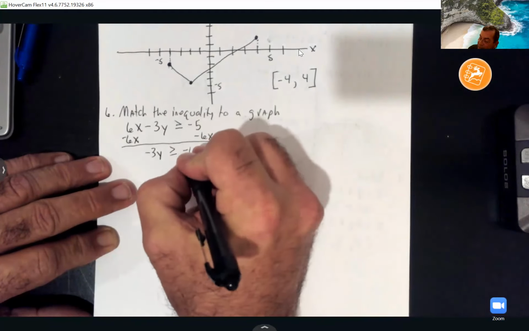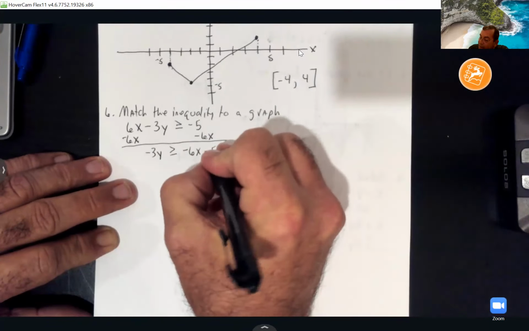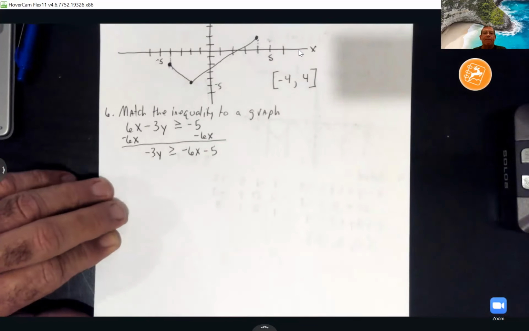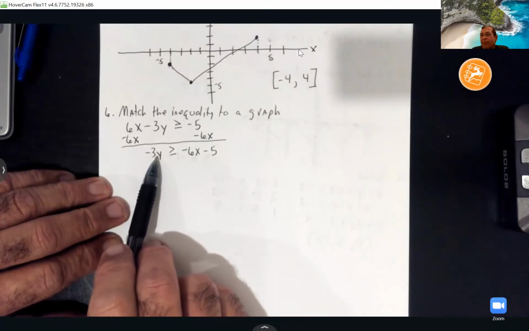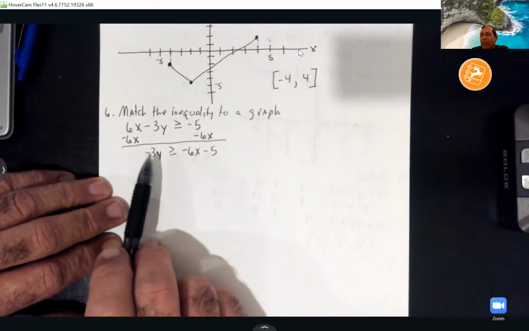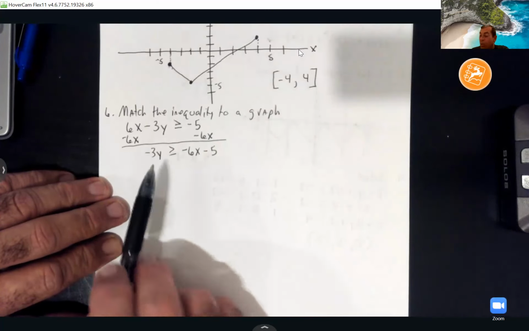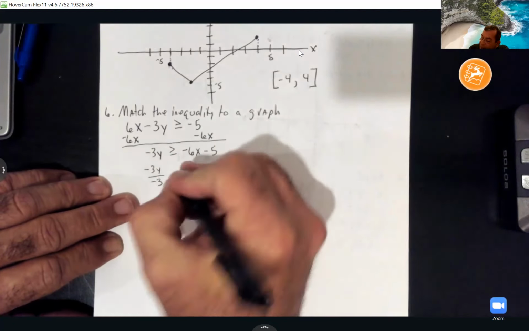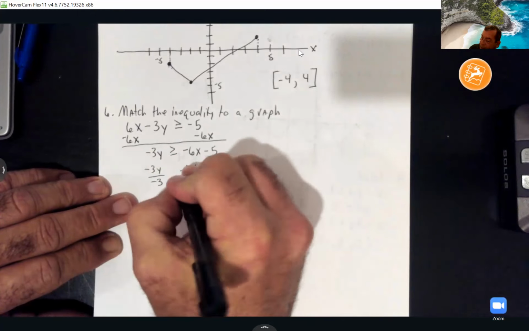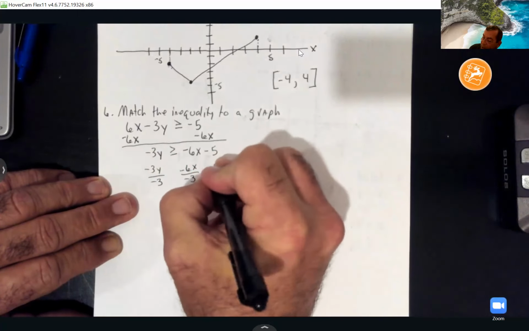So I'm going to put my negative 6x and then minus my 5. Now, we got to divide everybody by that negative 3 because we want that to be a positive 1. So we're going to come in and divide everybody by negative 3. So y'all remember what else I'm going to do?